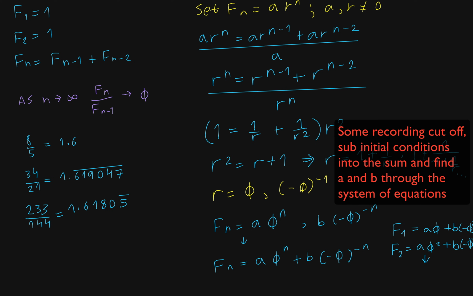And with this, what we're going to get is that a is going to be equal to 1 over root 5, and b is equal to the negative of that, negative 1 over root 5.